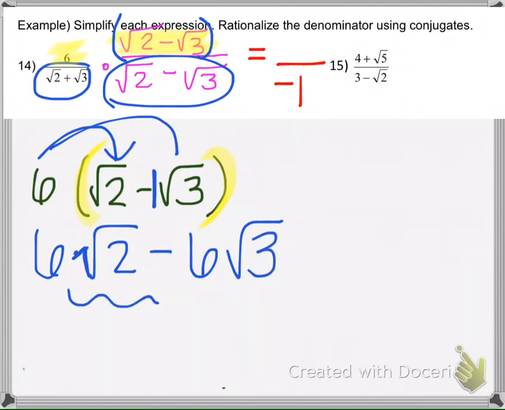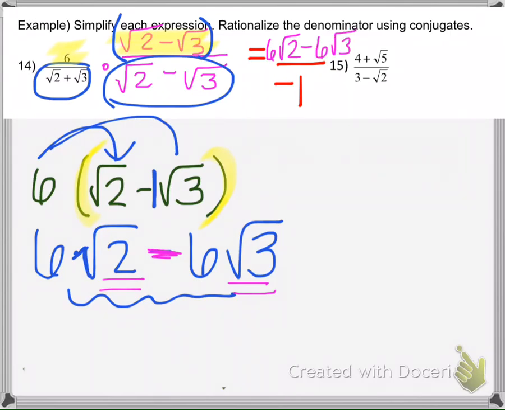And then we cannot combine these because when we are subtracting radicals, the inside of the radicals must match. So we would have 6 rad 2 minus 6 rad 3 here.